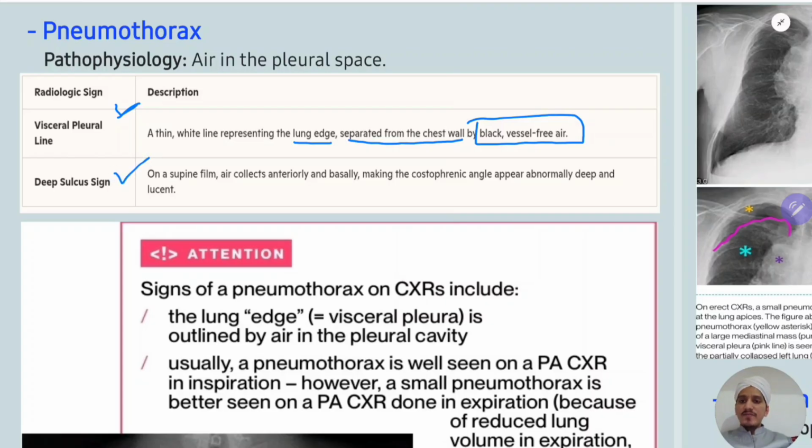The next sign is the deep sulcus sign. When you take an X-ray on a supine film, air collects anteriorly and basally, making the costophrenic angle appear abnormally deep and lucent.